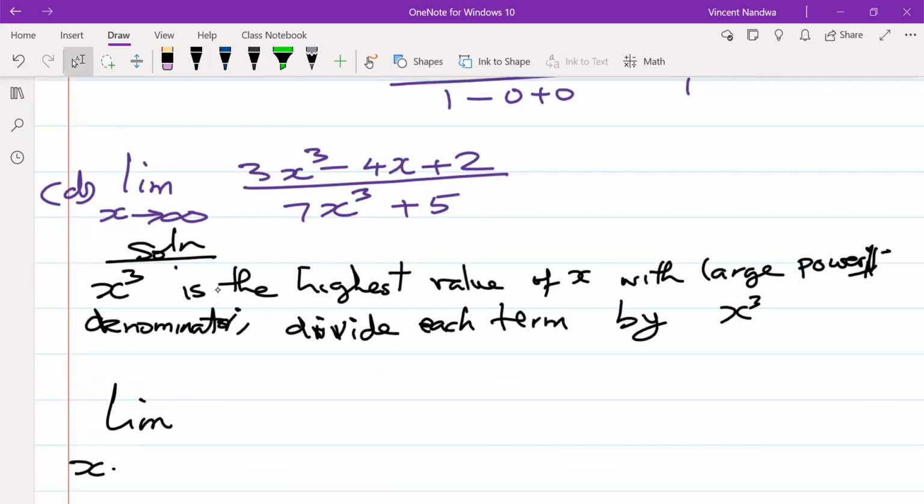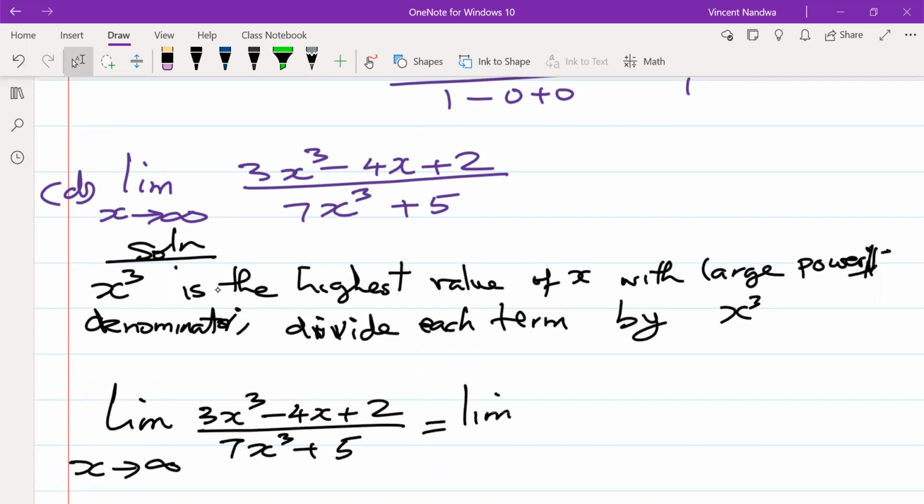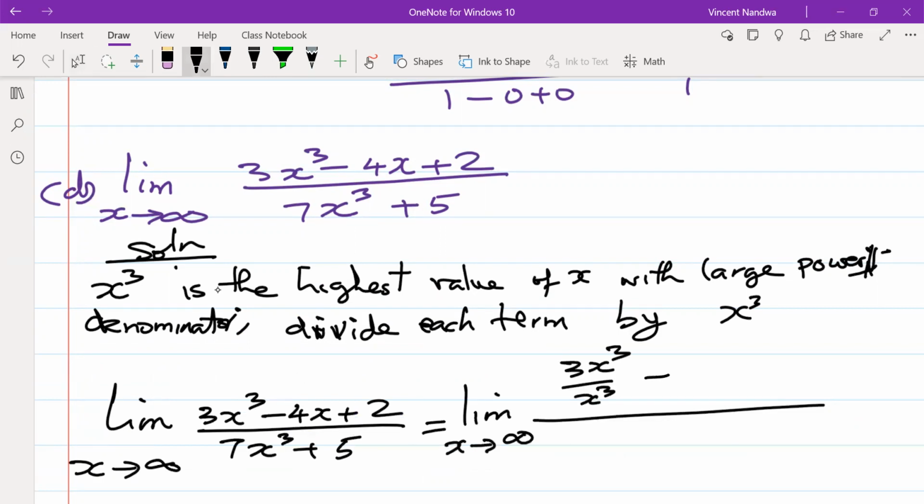Limit as x approaches infinity of 3x cubed minus 4x plus 2 divided by 7x cubed plus 5. So we'll have 3x cubed divided by x cubed, minus 4x divided by x cubed, plus 2 over x cubed, over 7x cubed over x cubed, plus 5 over x cubed.